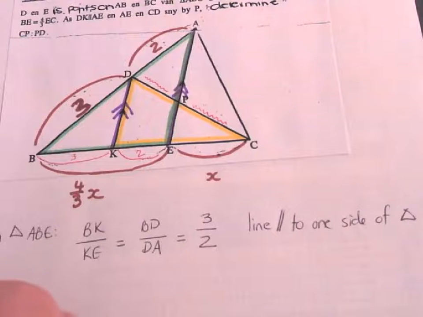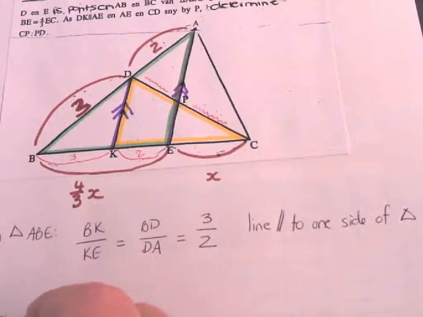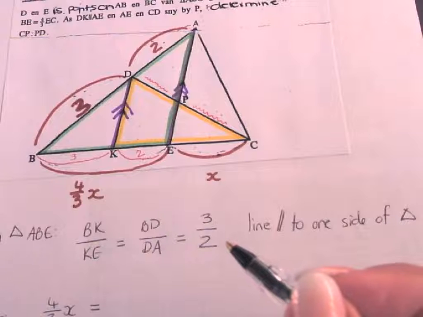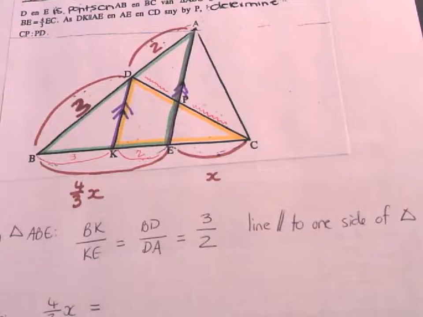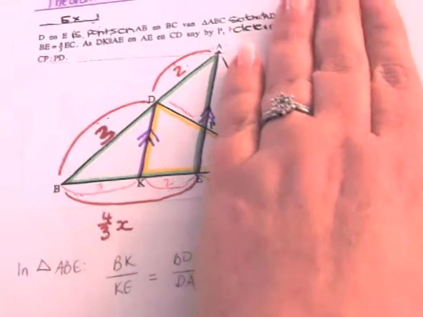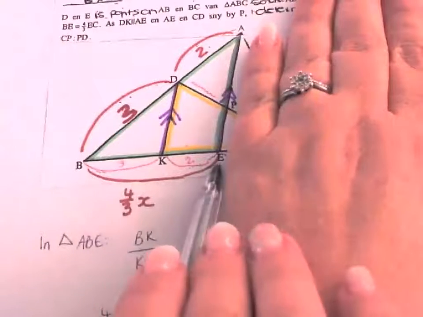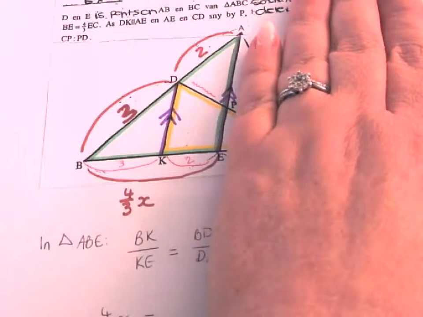So further, we have that 4 over 3x equals, okay, look at the green one again. 4 over 3x will be equal to 5.